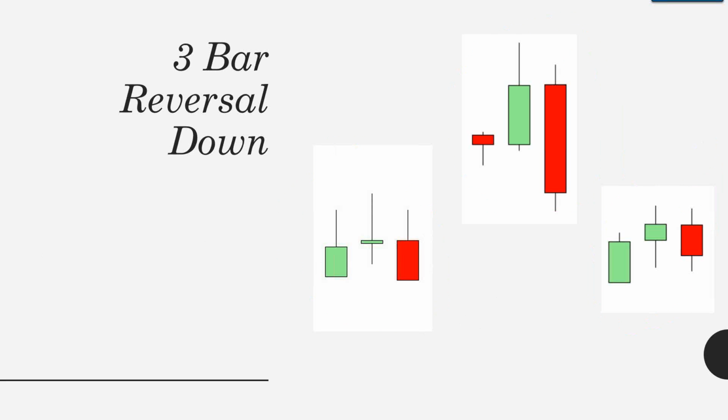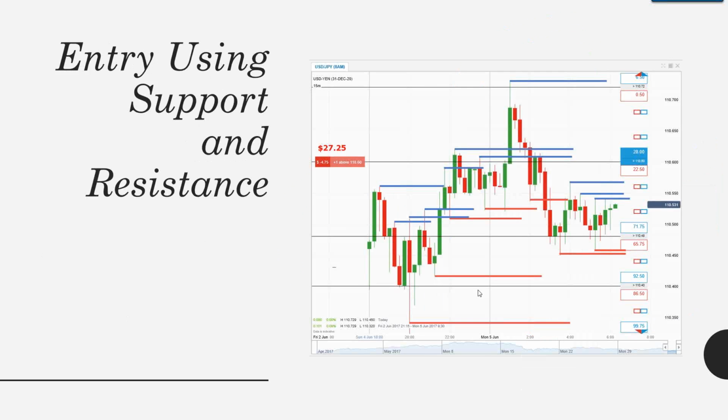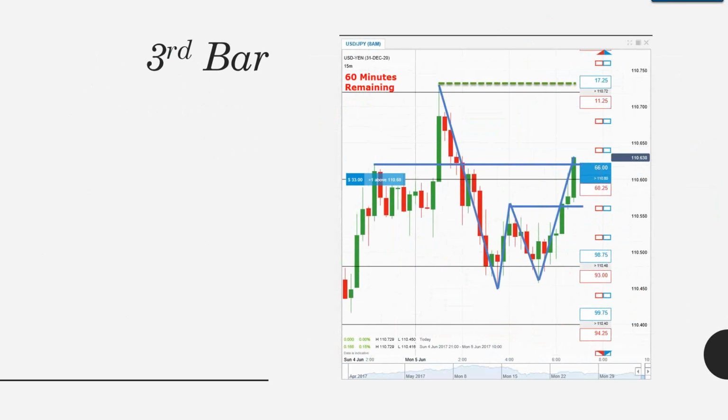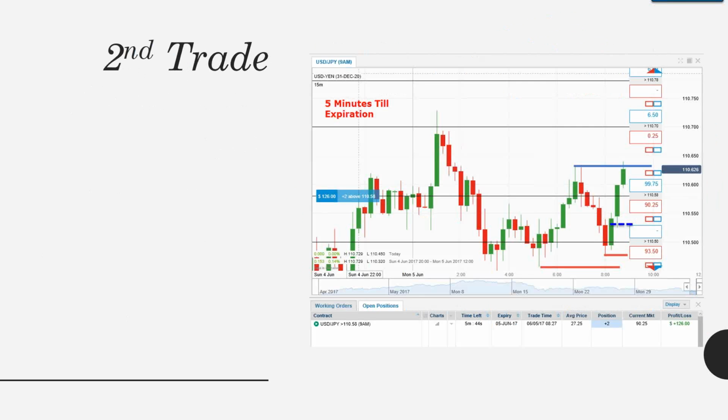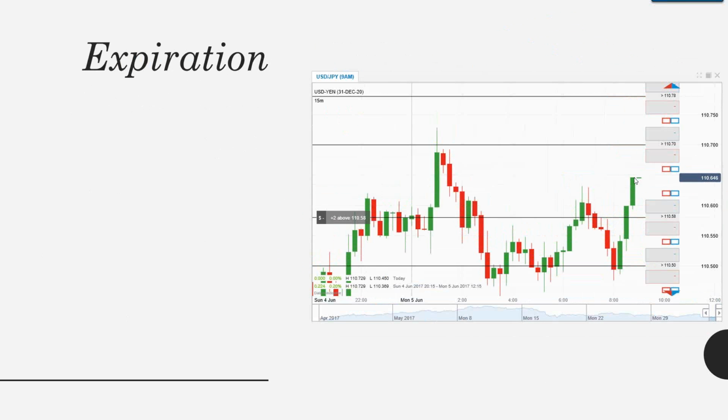What chart should we be using? 15 or 60 minute? It doesn't matter. It just depends on what type of binary you're on. This is where it expired in the money, so you did make full profit potential on that one. Do y'all understand that?